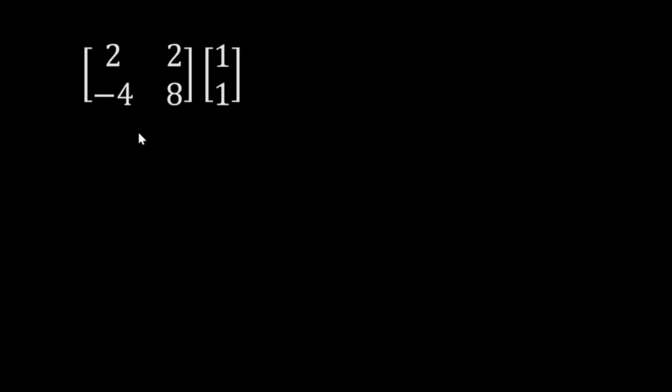Let's start. Sometimes when we are multiplying a matrix with a vector, now imagine I have a matrix A here and a vector V. The multiplication of a 2 by 2 matrix and a 2 by 1 vector would result in a 2 by 1 vector.